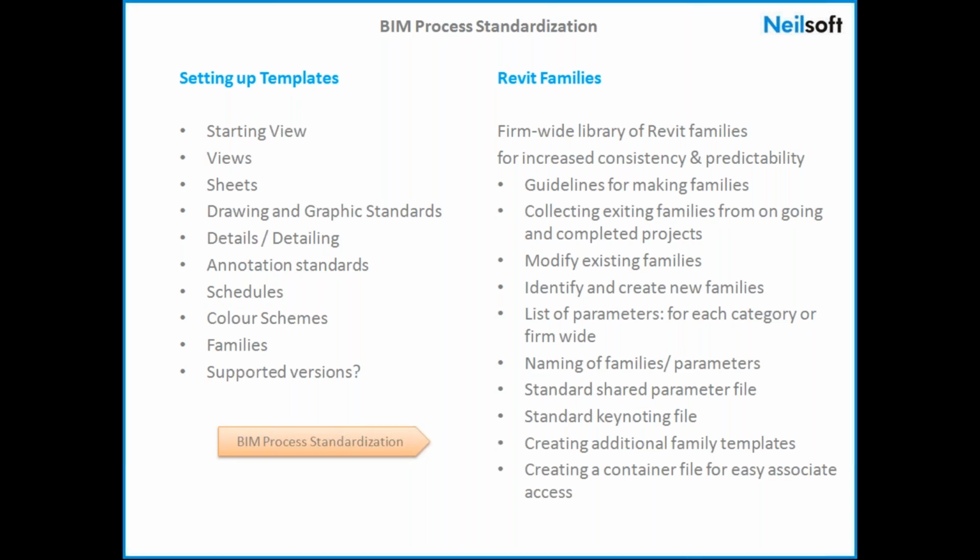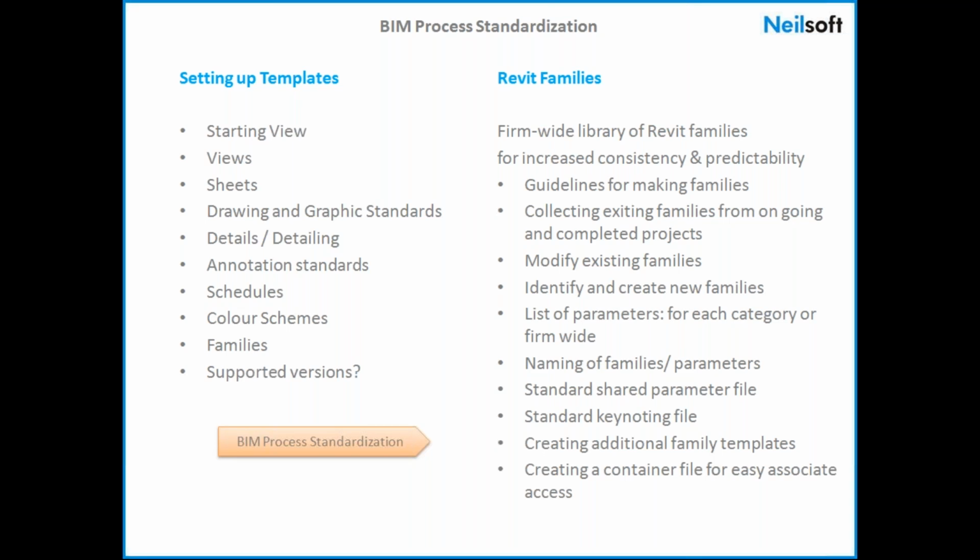And as part of content creation or creating Revit families, that is where we essentially help in creating the guidelines for developing families, developing content, or if there are already existing families available, then making sure that they adhere to specific standards in terms of the parameters or the properties that have been defined, how the names have been defined, how we can categorize your families, whether they have to be developed as static parts or as intelligent, parametric, and smart families which can adapt to the changes in the model.